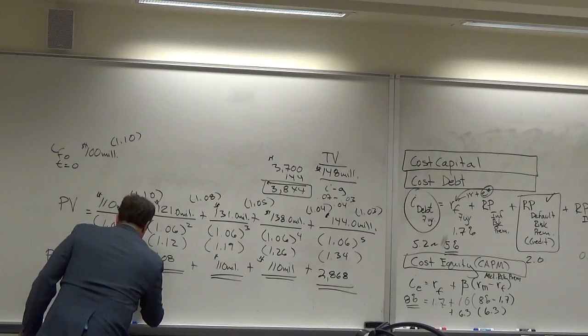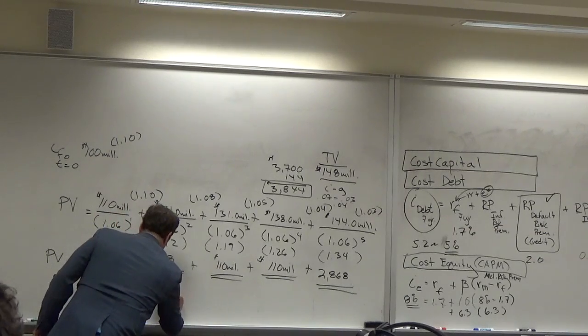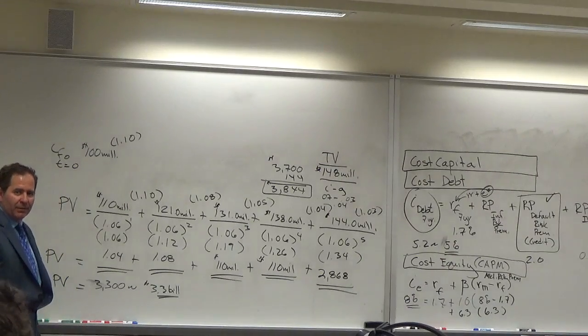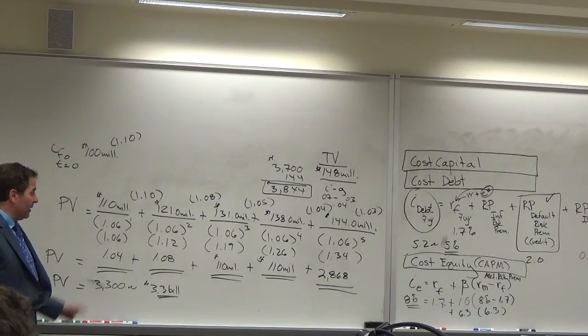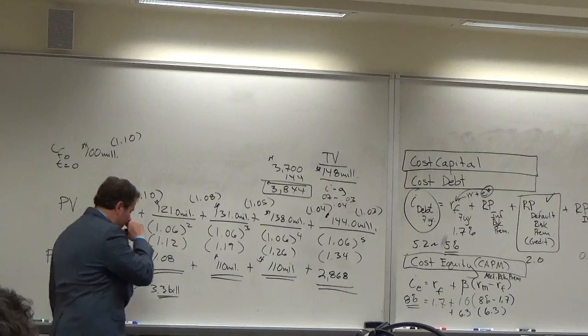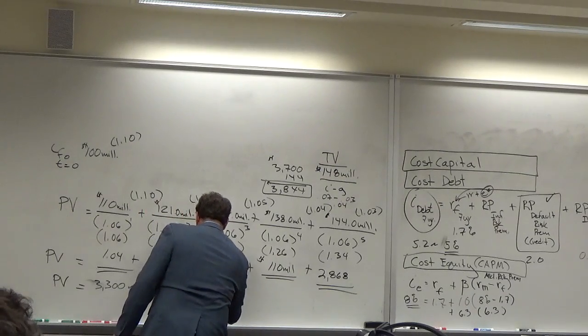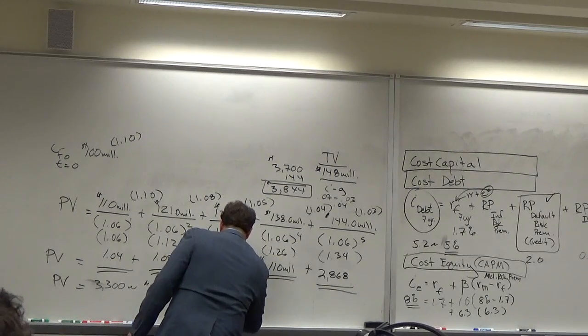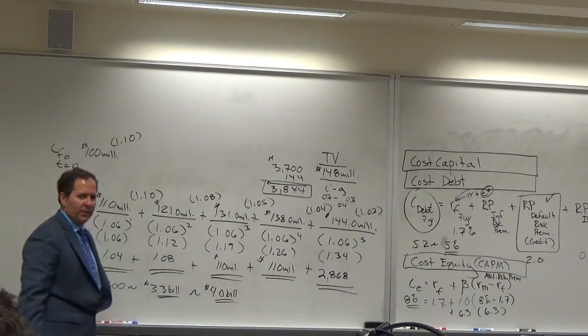So basically, 3.3 billion. Is that right? Is that what we came up with? That's the value of the firm, based on our underwriting assumptions. So we talked to the seller. They want $4 billion.